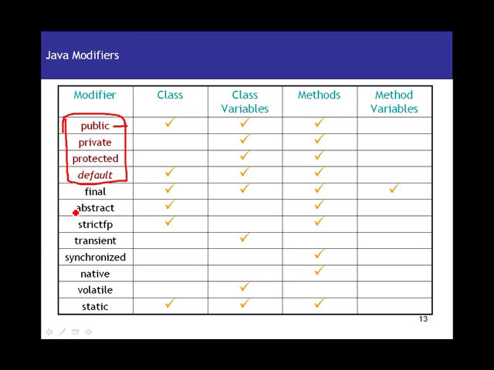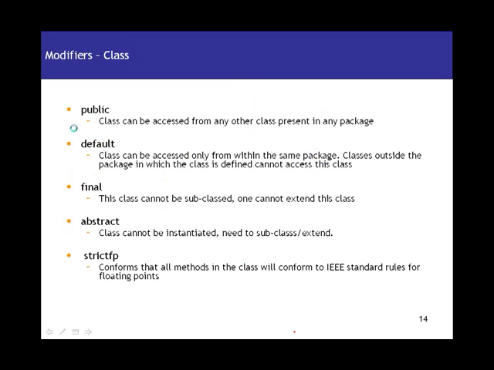This is the list of modifiers which can be applied to a class. We've got two access modifiers here, public and default, and three non-access modifiers: final, abstract, and strictfp. You can also apply the static modifier to a class, but that is when you apply it to an inner class.